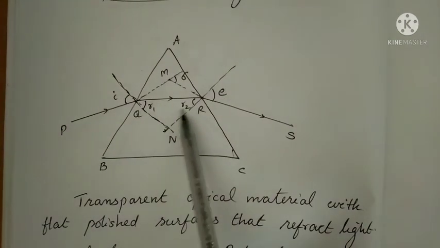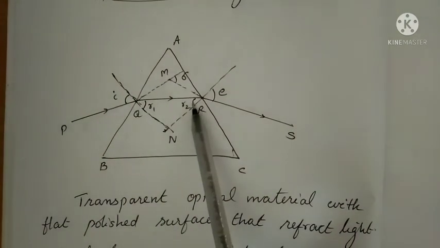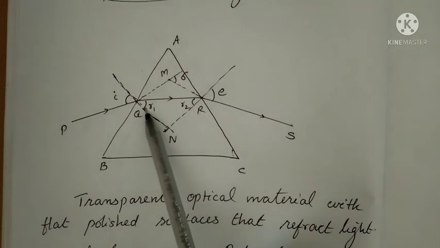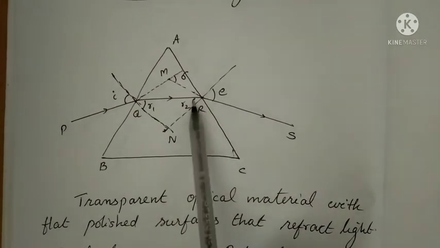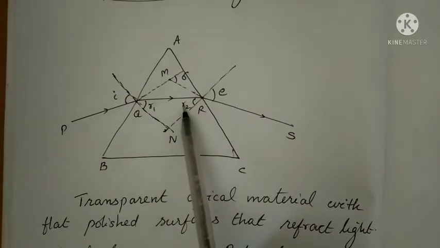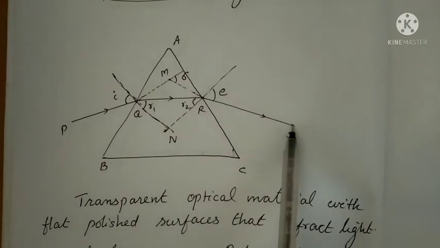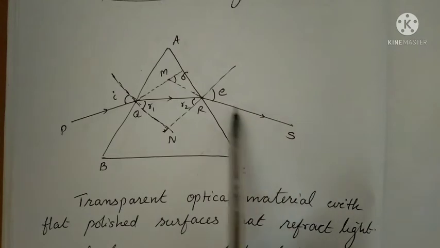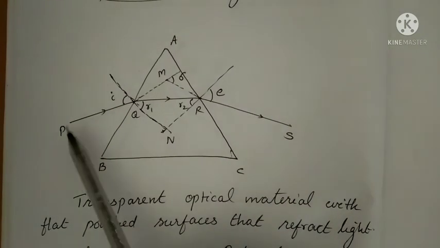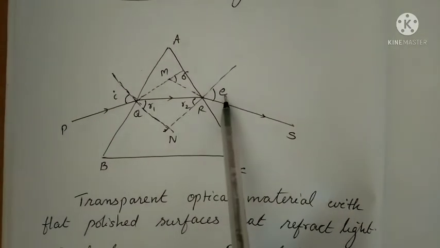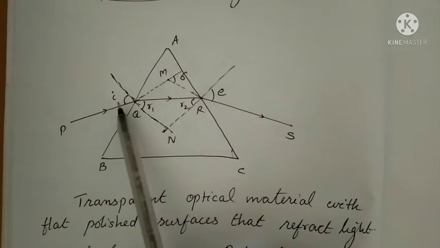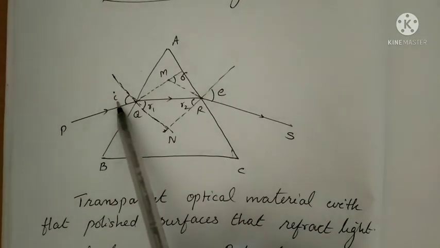And R1 and R2 are the refracted angles. This is the first refracted angle and this is the second refracted angle. So these two are the refracted angles. Why? Because when the ray of light passes from the right side to the left side, this is the refracted angle, and this is the angle of incidence and this becomes the angle of emergence.